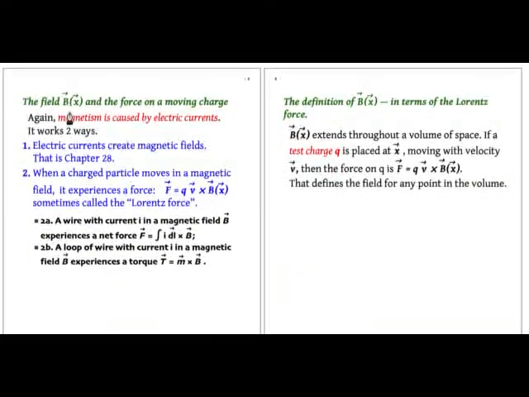Well, as we're going to see, the magnetic field exerts a force on moving charges. And that is the phenomenon that we'll use to define the magnetic field. In other words, there's a deep relationship between magnetic field and electric current.